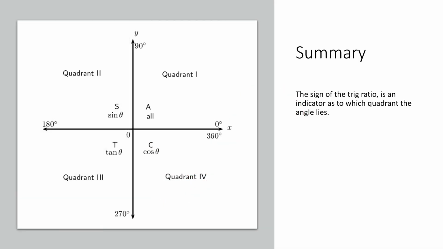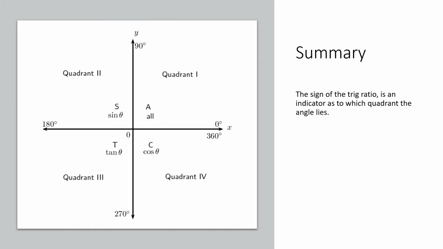So to sum it up, we can say that the sign of trigonometric ratios is an indicator as to which quadrant the angle lies. So in other words, depending on the size of the angle, we would know whether its trig ratio would be negative or positive. So the sign, positive or negative, of a trig ratio only indicates in which quadrant the ratio belongs.